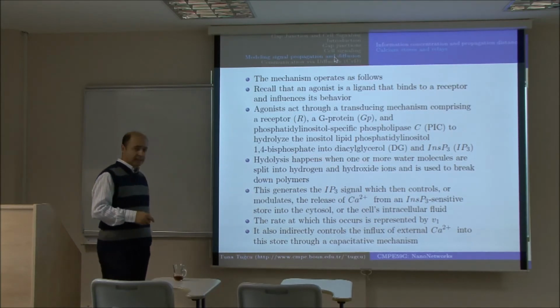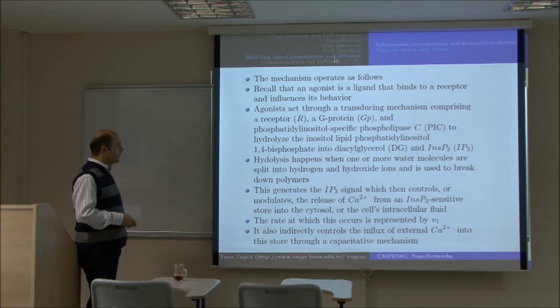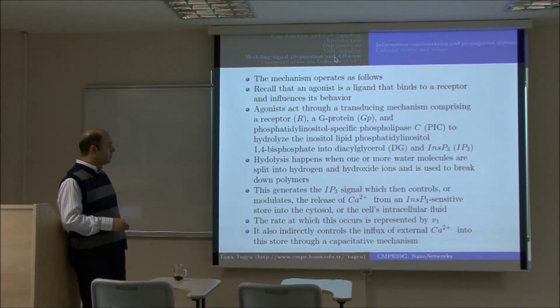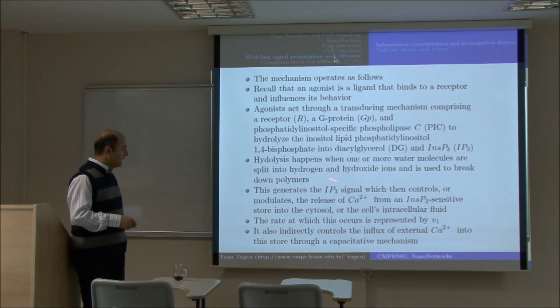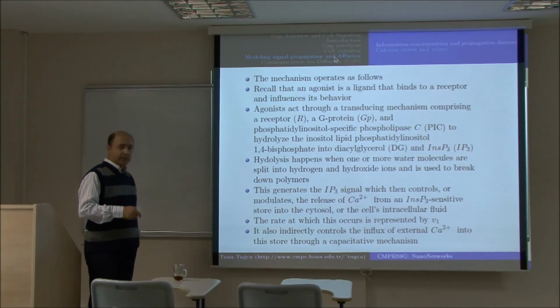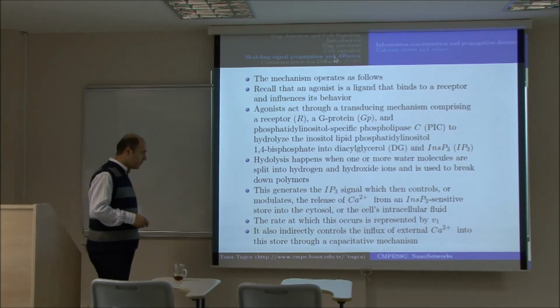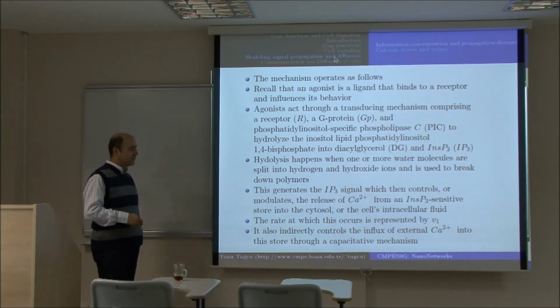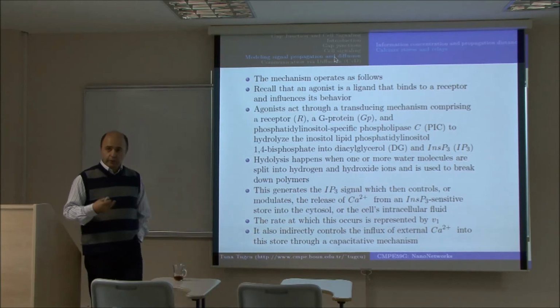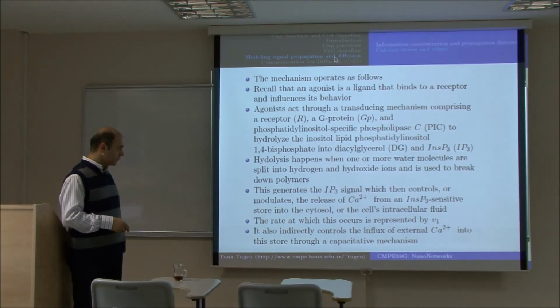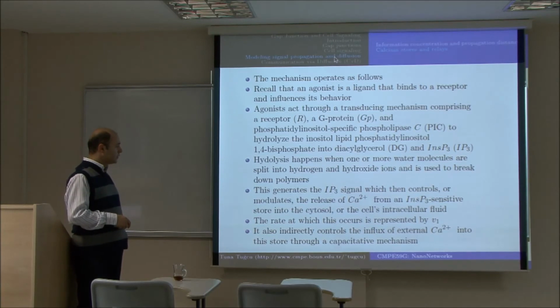This hydrolysis involves water, which will be used to break down the polymers. So this IP3 released from here then controls and modulates the release of the calcium ions from these inner pools, the IP3 sensitive stores inside the cell, and this will increase the cytosolic calcium ion concentration.